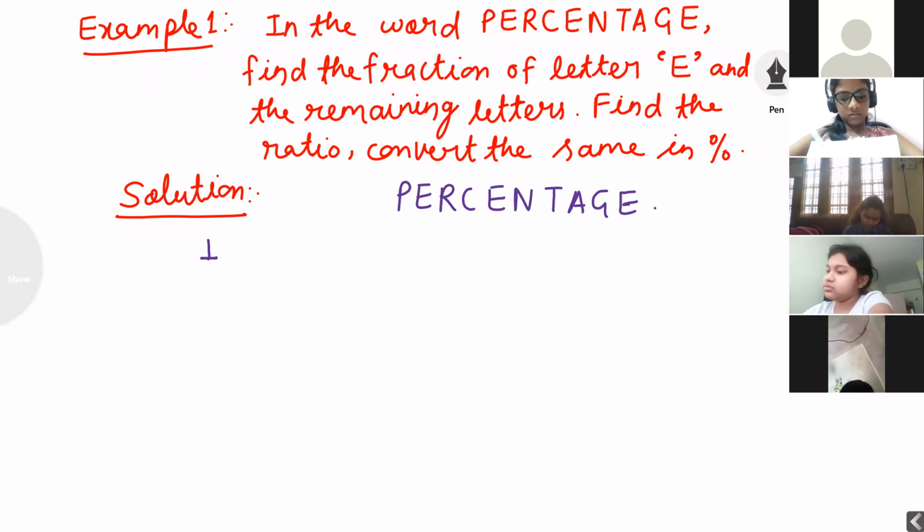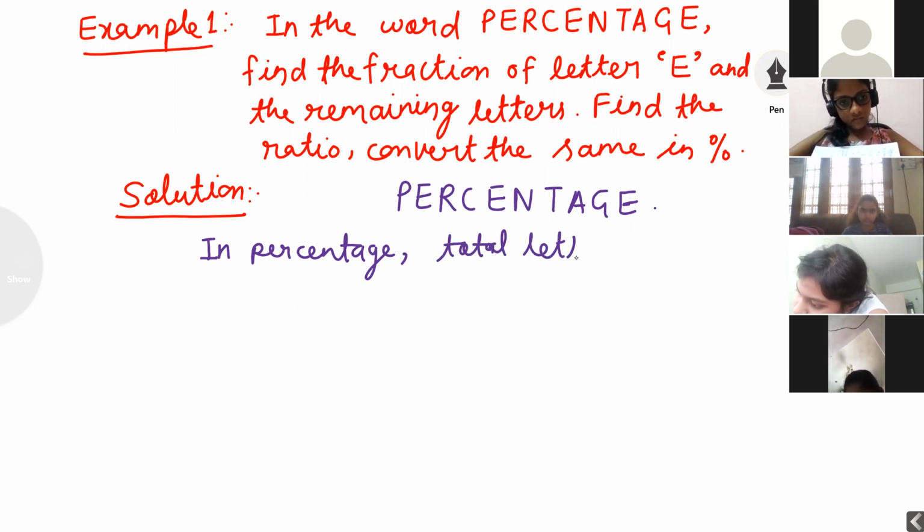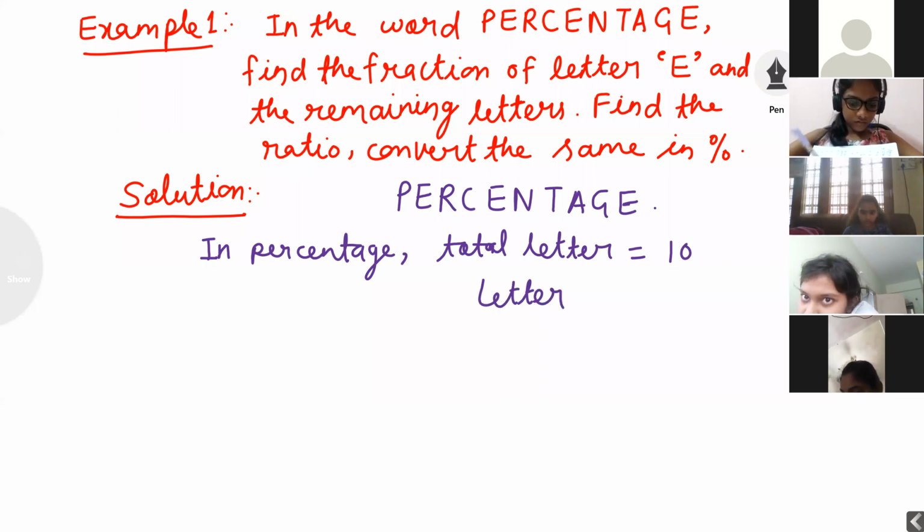In percentage, total letters is equal to 10. Letter E is equal to, how many E is coming here? 3 times, right?